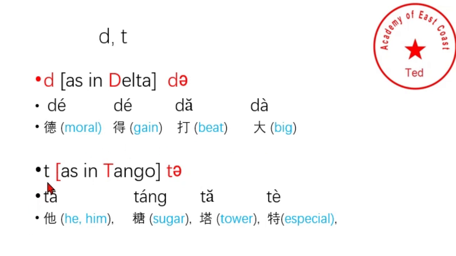Then T, T as the T in Tango. Now let's practice it with the tones in the syllables with characters. The first one, ta.